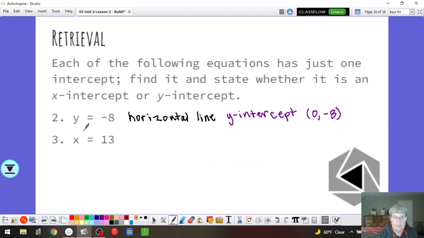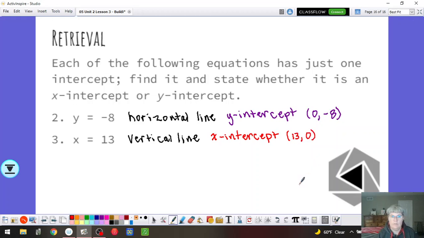When we have an equation like x equals 13, that means all of the x values for any point on the line will be 13. That means we're going to have a vertical line. And we're going to have an x-intercept, because vertical lines cross the x-axis at 13, and the y value would be 0.